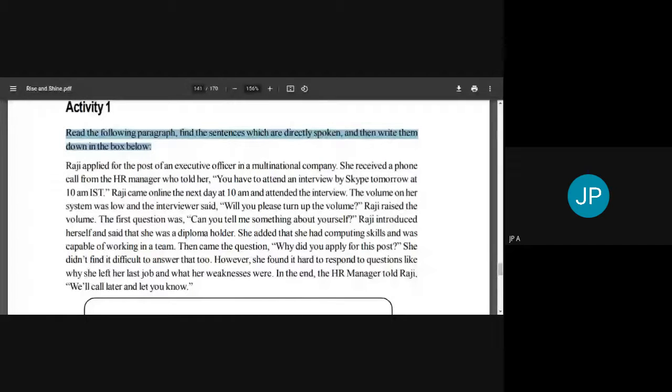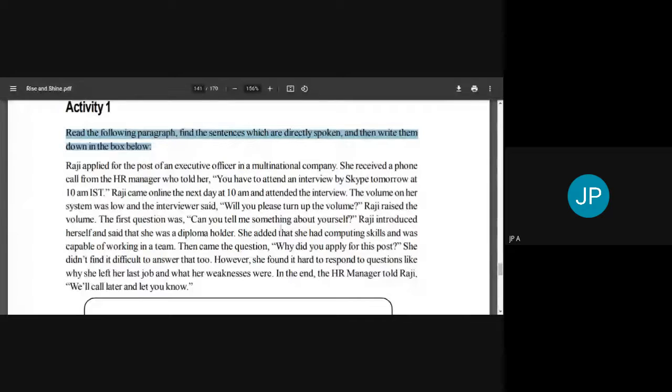This is what helps us to identify the sentences which are directly spoken by someone in a paragraph. So that is called a conversation. Conversations are usually marked by inverted commas to separate them from other sentences in the paragraph.